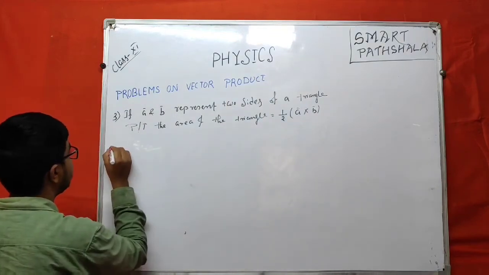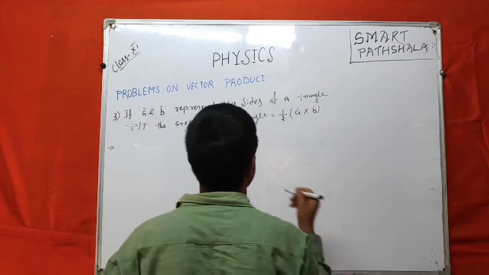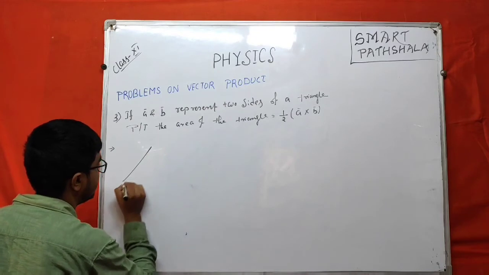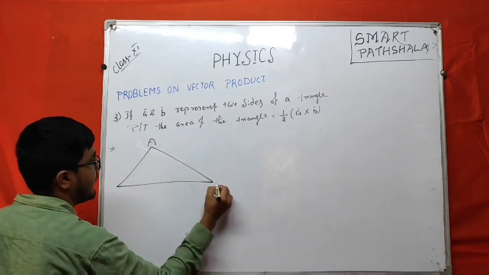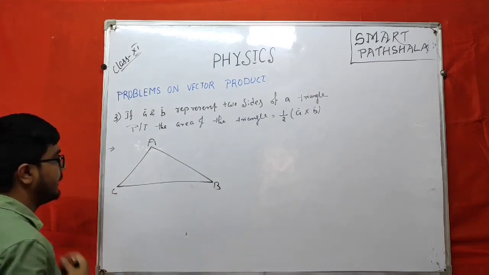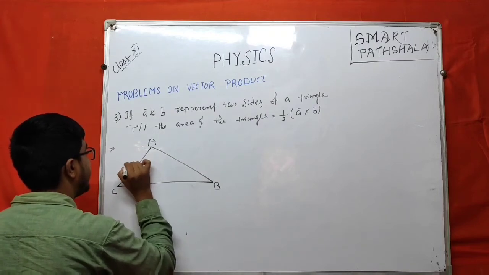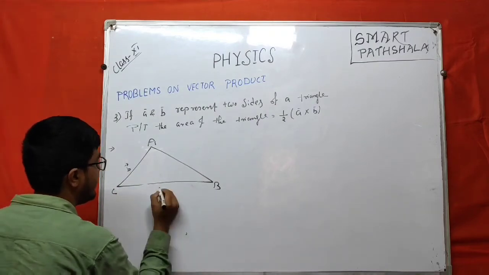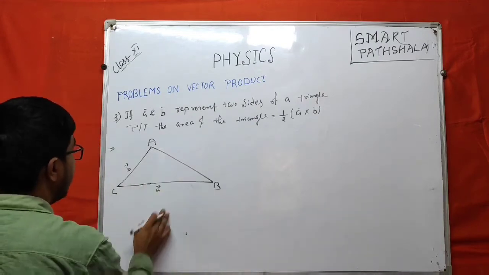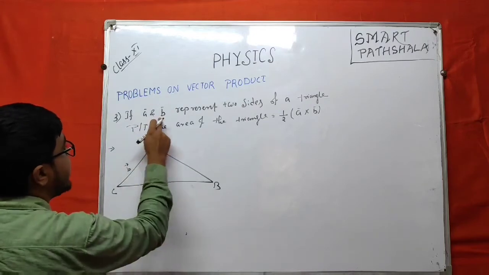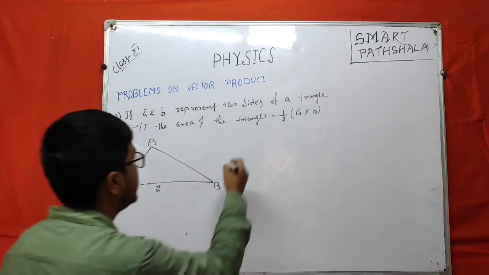Now see, let us draw a figure to understand it more easily. A, B, C. Let AC be equal to B vector and CB equal to A vector, as we are given in the question that A and B are two sides of a triangle.